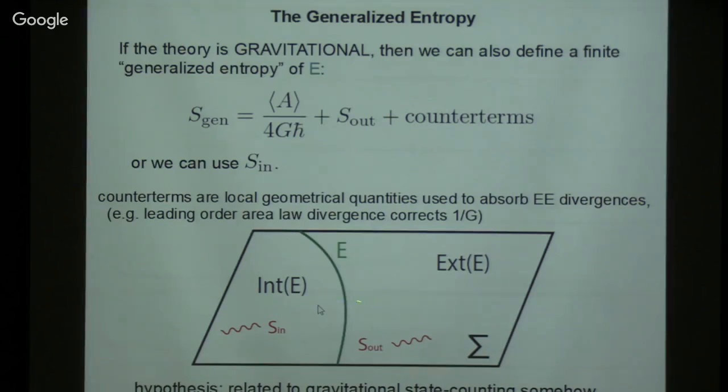When you have this area law divergence, you could think of that as just shifting or renormalizing the value of 1 over G, and you absorb the infinity into that. Similarly, there can be subleading divergences that you absorb into some other integrals of quantities here. I don't want to go into the details of this, but any of you who are familiar with quantum field theory know that you frequently have to absorb infinities into local quantities in order to make it work.